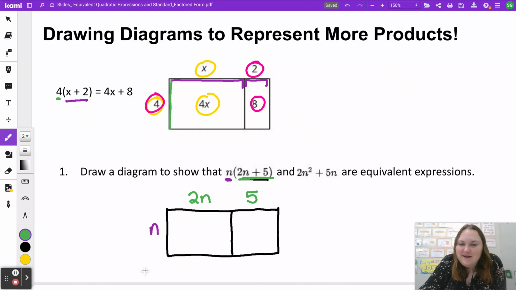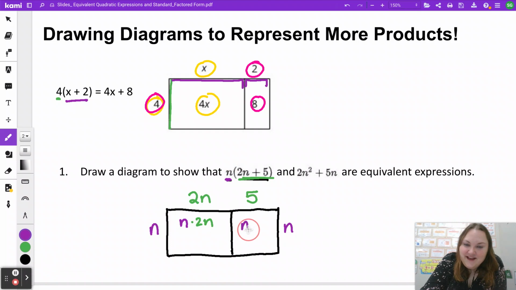When I get it set up like this, now I can see there's 2 multiplication problems we need to do. We need to do n times 2n, and then if this is n here, that means this is n. So I'm also going to have to do n times 5.